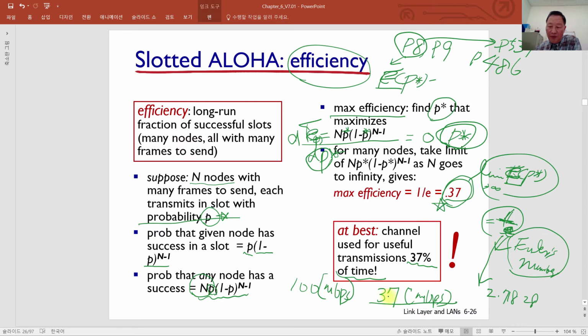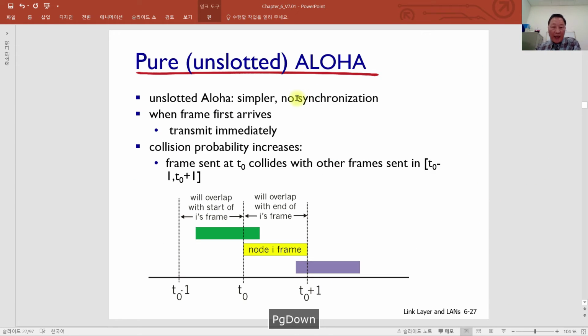That's not efficient. That's inefficient. Using this slotted Aloha scheme, here we just looked at the efficiency of the slotted Aloha scheme. Let's move to the next.